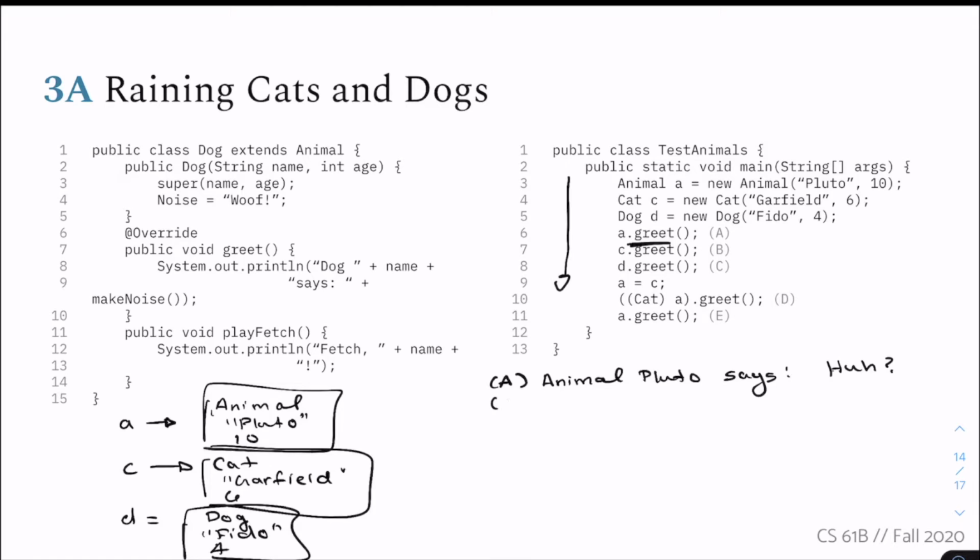So going on to the next line, we do something similar. This is c.greet, and this will be a cat named Garfield says, meow.